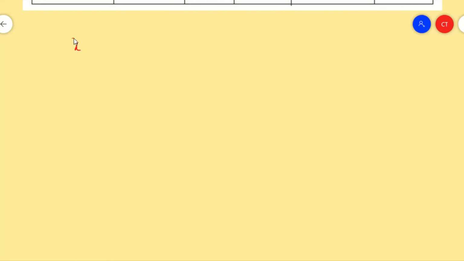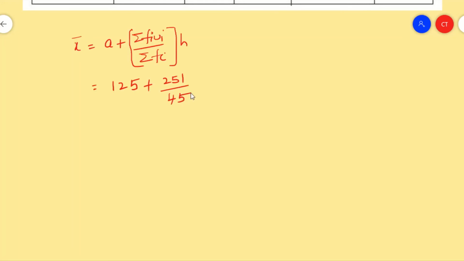Here we have the values: 125 plus 200 by 45, times 5. The 5 cancels with 45, 9 times. The result will be 125 plus 200 divided by 9.